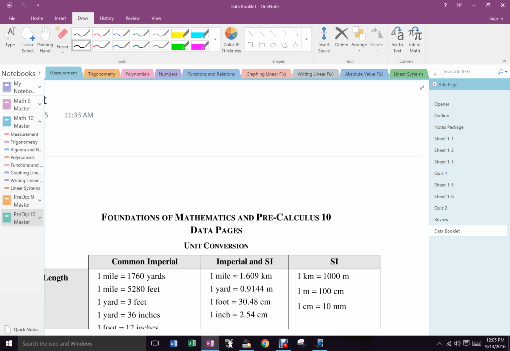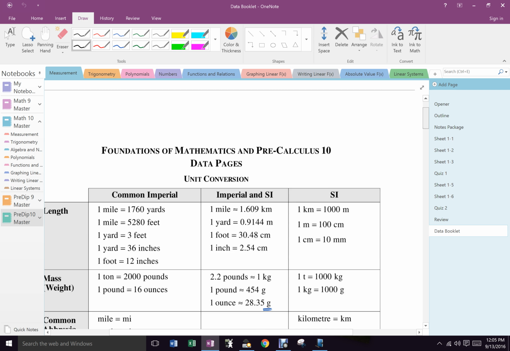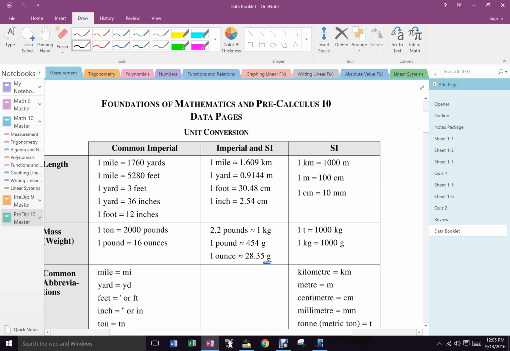But you know how centimeters and meters work because I taught you that yesterday, didn't I? So what could you write right here? 1 foot equals how many meters? What do you got to do to 30.48 centimeters to turn it into a meter? Times by 100? Move the decimal.